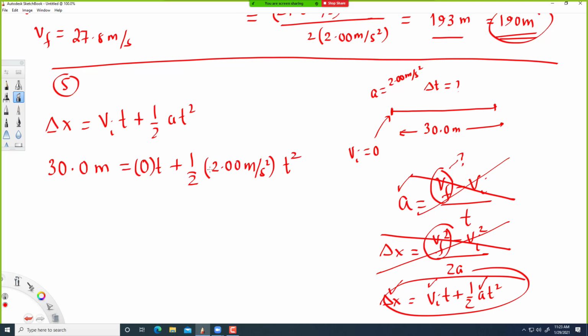So we need to solve this to find t. So 30 meters, so we can cancel this one and this one, 2 and 2. So we'll have t squared left on the right side.